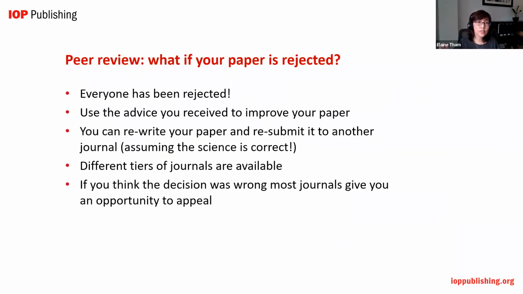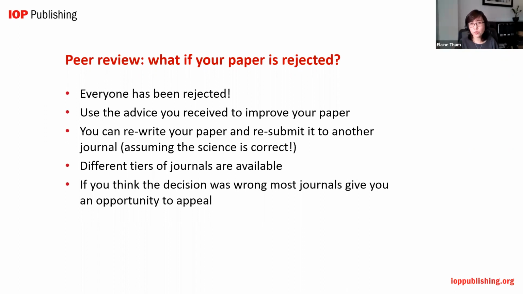First of all, just keep in mind that everyone, it doesn't matter who you are, everyone has had a paper rejected before. So you should think about any comments you have received to help you improve the paper. You can also rewrite the paper and submit it to another journal, perhaps one that is more suitable for your work.